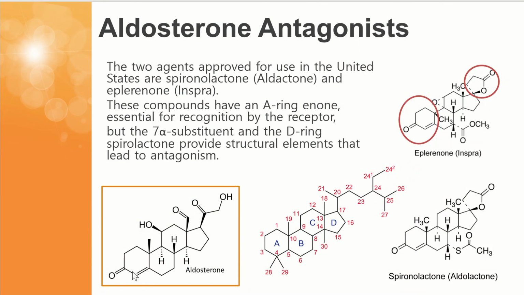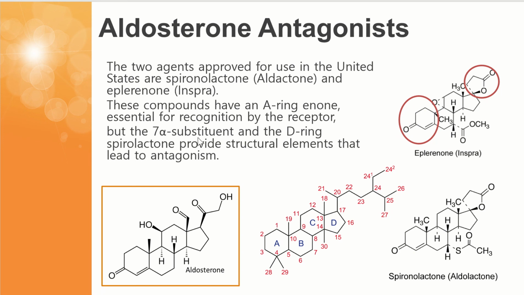An enone is a double bond and a ketone, so ene for the alkene and one for the ketone. So both of them have the ring A enone. This is essential for recognition by the receptor.